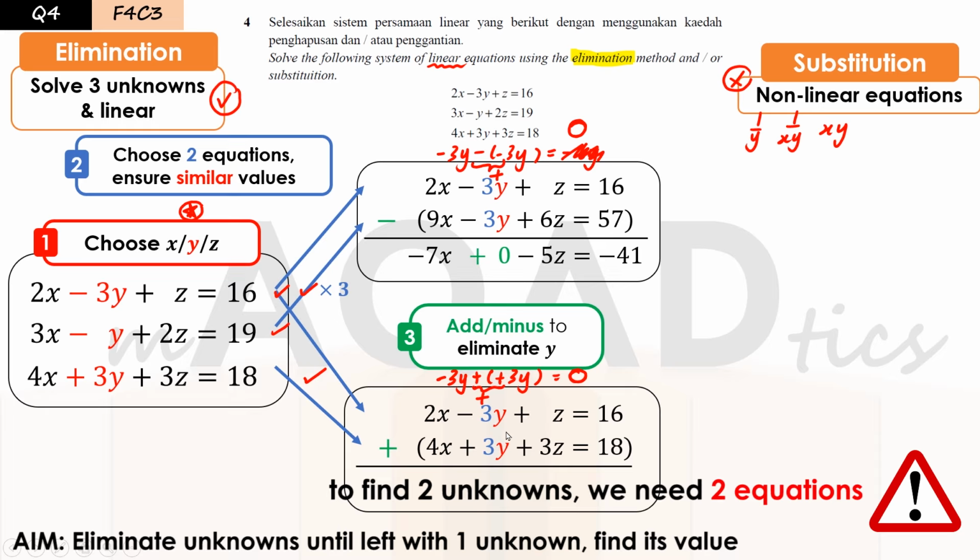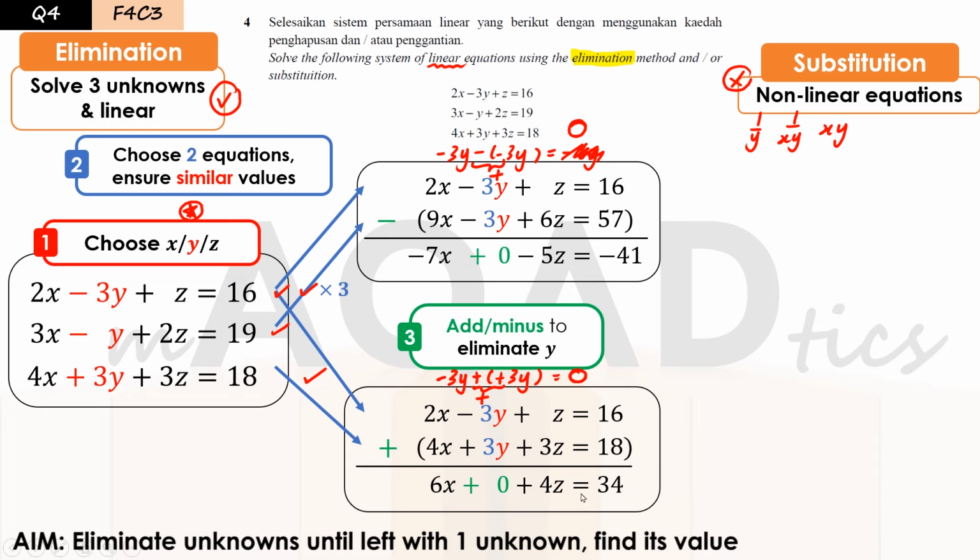So we are going to add up all of the values here. This would be the result, and you see that the value of y disappears. Now we have two equations which have x and z inside, so we can find out the value of x and z.